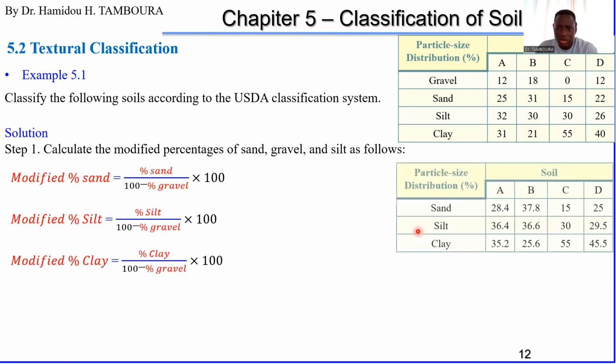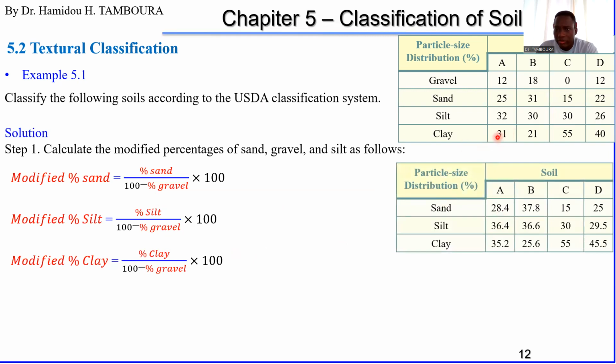So after doing that, you can obtain these new percentages. You see in this new table, I don't have gravel. I deleted the percentage of gravel. Okay. So sand for soil A, it was 25, now 28.4. Silt was 32, now is 36.4.